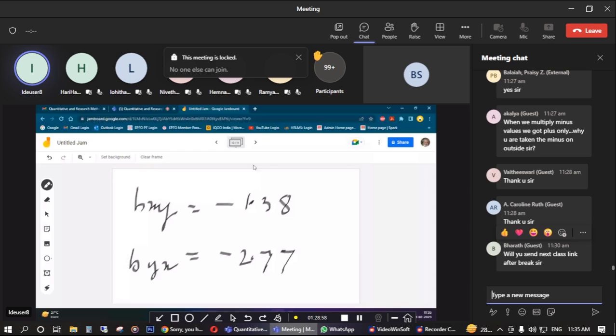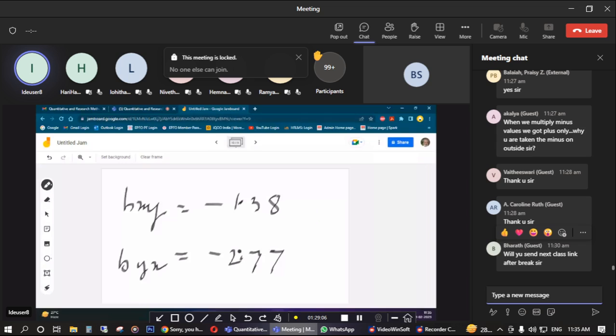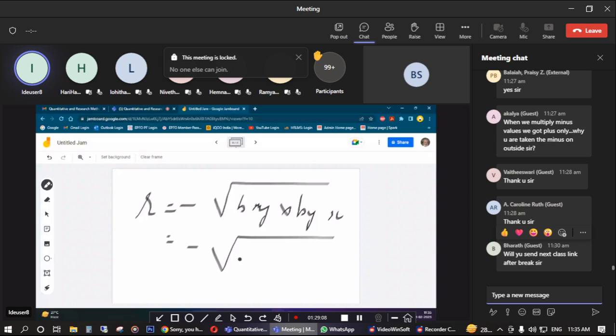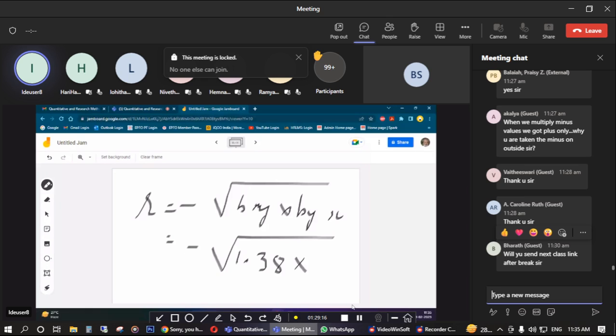So what is the formula? bxy into byx. So this is going to be minus, open the bracket, minus 1.38 multiplied by 2.77.